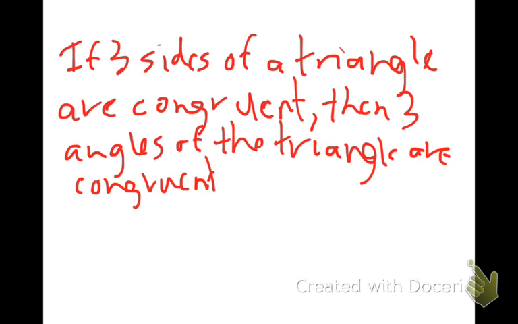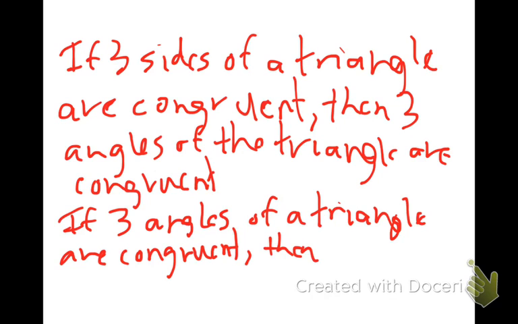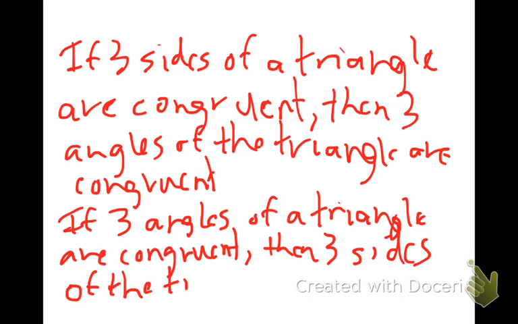The converse of that is: if 3 angles of a triangle are congruent, then 3 sides of the triangle are congruent.